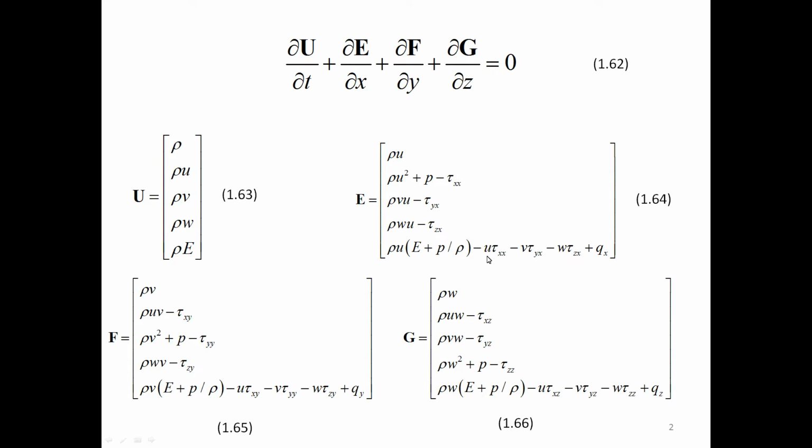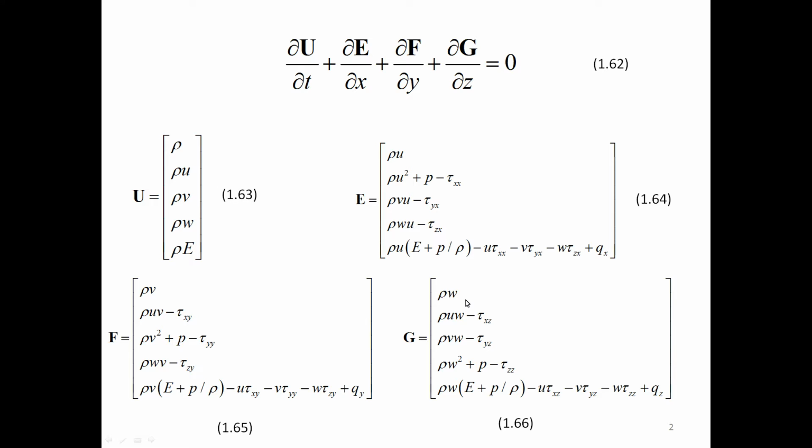The first row of the vector U corresponds to the continuity equation as given by equation 1.14.